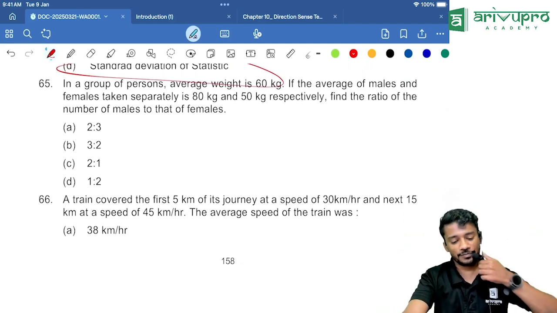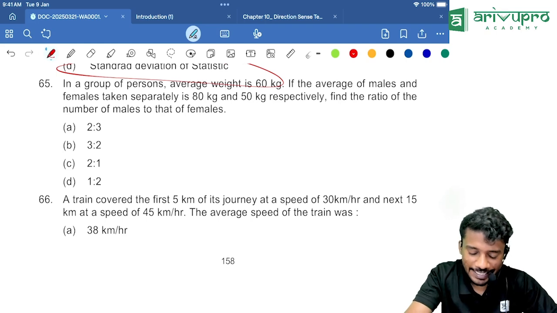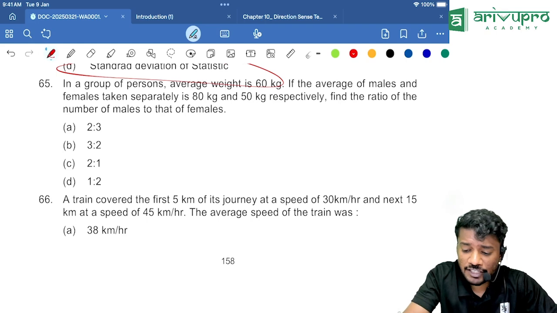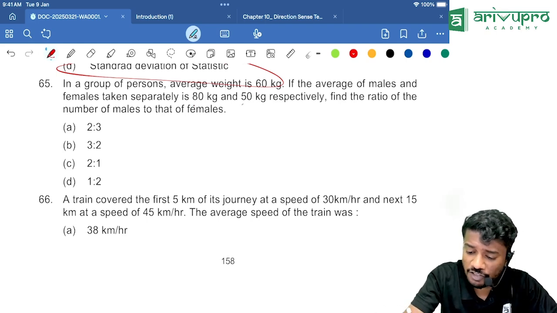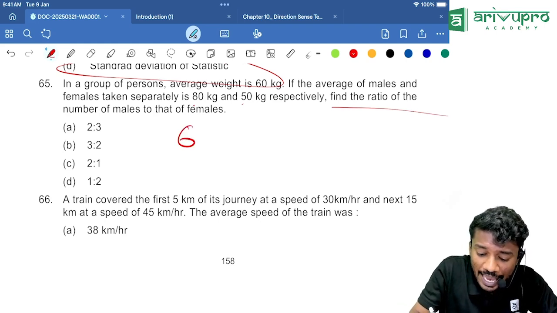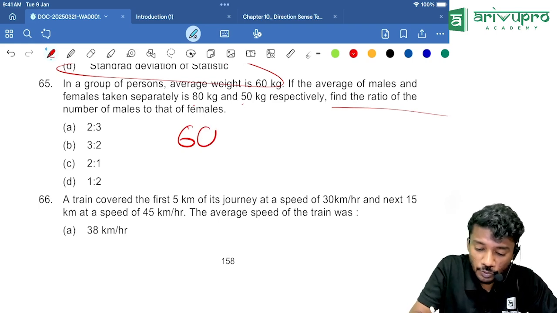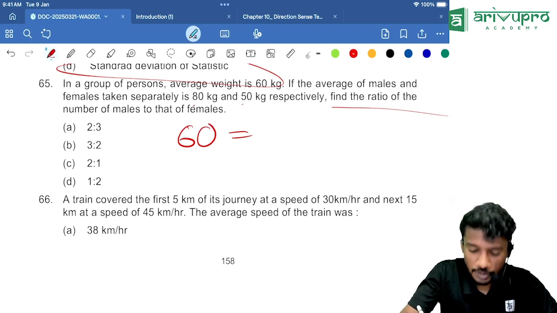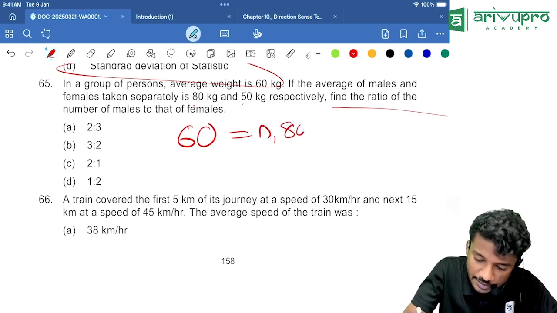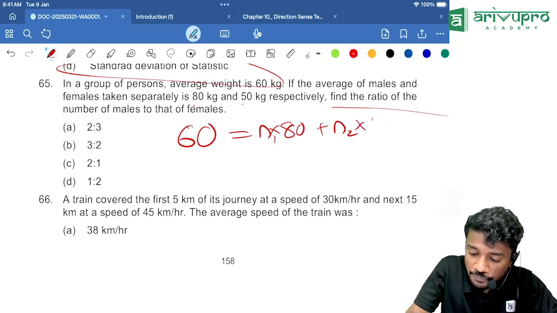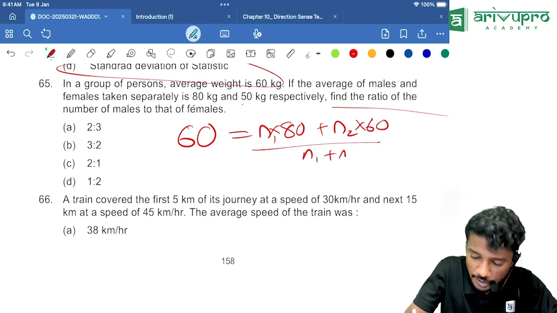Can you solve this? In a group of persons, the average weight is 60. If the averages of males and females are taken separately, they are 80 kg and 50 kg respectively. Find the ratio. Combined mean is equal to 60, which is equal to n1 into 80 plus n2 into 50 divided by n1 plus n2.